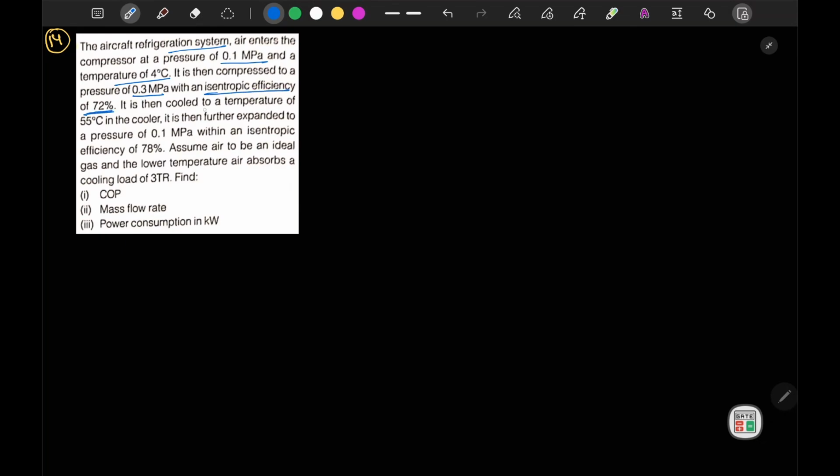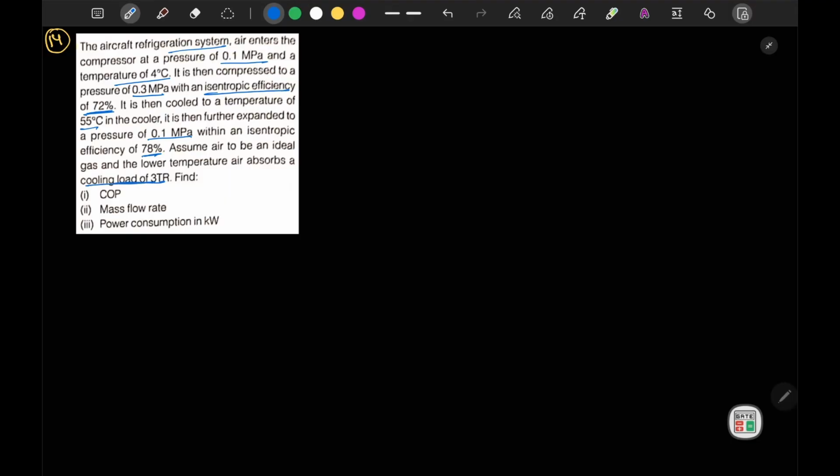Then it is cooled to a temperature of 55 degrees Celsius in the cooler, and it is further expanded to a pressure of 0.1 megapascal with an isentropic efficiency of 78%. Assume the air to be an ideal gas. At the lower temperature, air absorbs a cooling load of 3 TR.